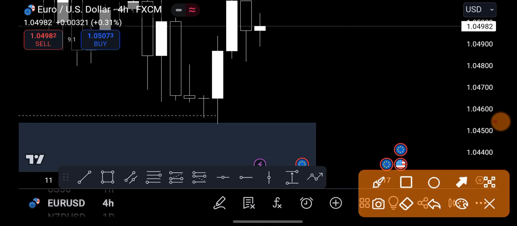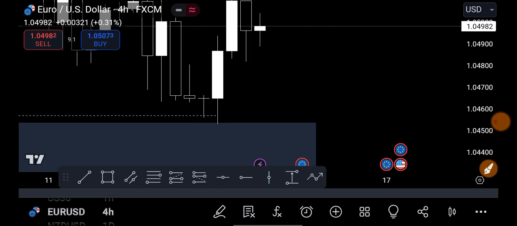So let's take this candlestick as an example. Basically, what this candlestick means is that it opened right there, then it came down here, and then it went up, up, up, to that level and came to close here. Do you guys understand?